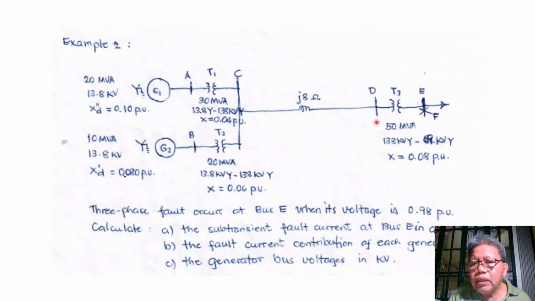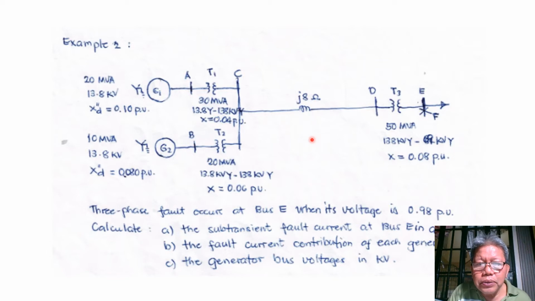Then at the end of the transmission line, we have transformer 3, with an MVA rating of 50 and a voltage rating of 138 kV Y connected, and a secondary of 69 kV also Y connected. The reactance of transformer T3 is equal to 0.08 per unit.